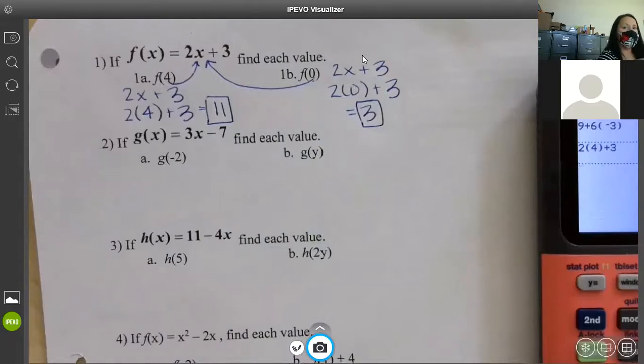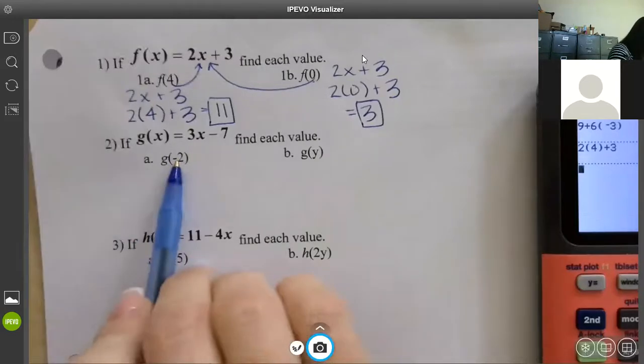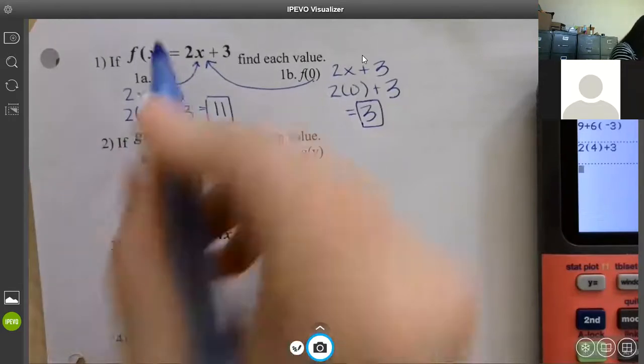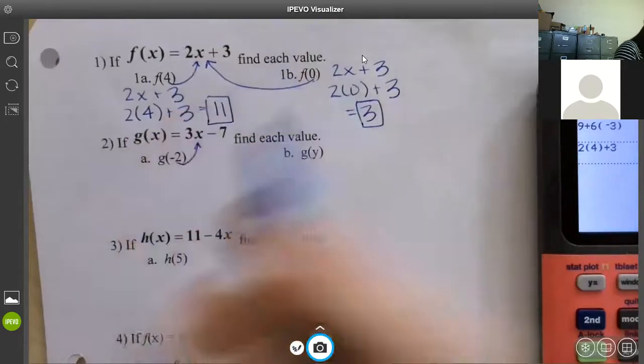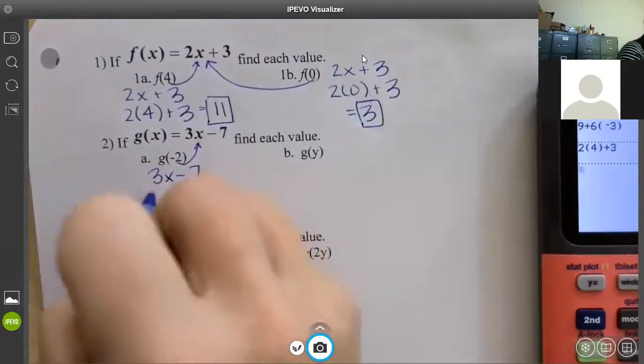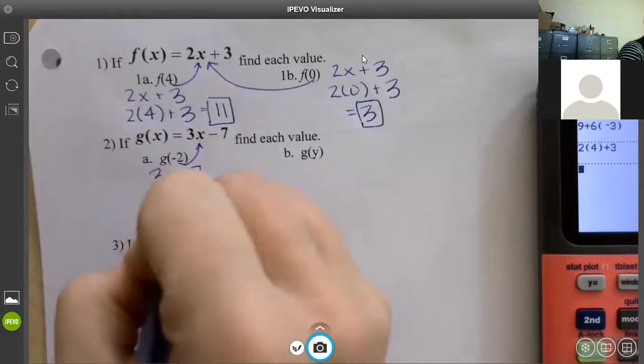Okay. We're only going to do part A on number 2. We will come back and do part B, okay? What does this tell us to do, this negative 2? Where are we going to put it? With x or 4x. So I'm going to rewrite my function, 3x minus 7. Instead of x, it says use negative 2.